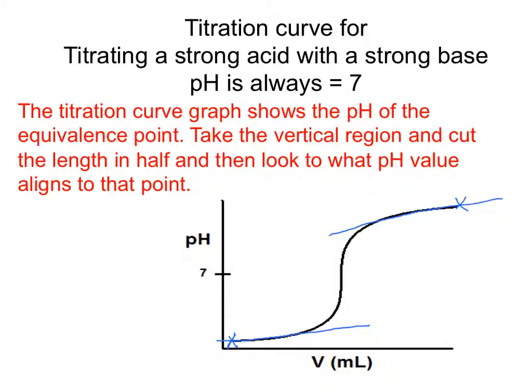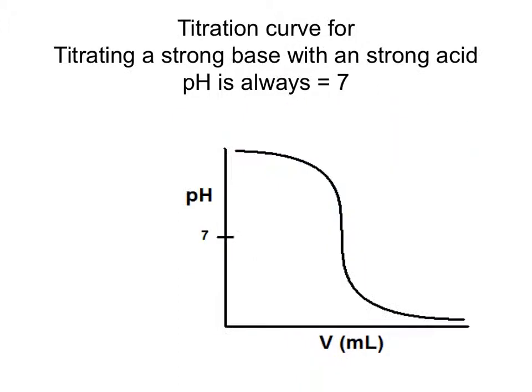We're then going to find the vertical region, and we're going to bring that up and down until it intersects those two lines. It's at that point that we're going to find the halfway point of that vertical region. And when a strong acid is being titrated with a strong base, that halfway point will always give you a pH of 7.